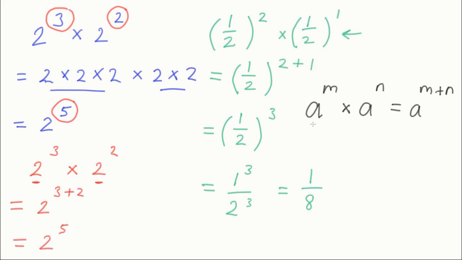You won't often see a sum like this, 0 squared times 0 cubed, but technically we could work it out. Keep the base, add the powers, and we get 0 to the power 5, which is 0 multiplied by itself 5 times, which would equal 0. I've never actually seen a question like that in my life, so I just thought I'd mention it, just in case you're wondering, can we use 0? So m and n can be 0.